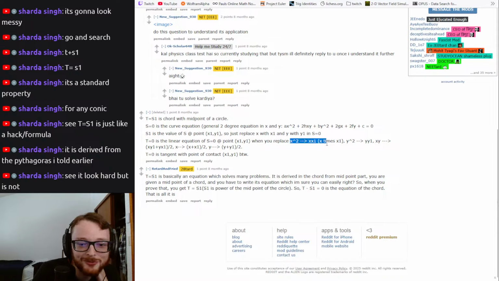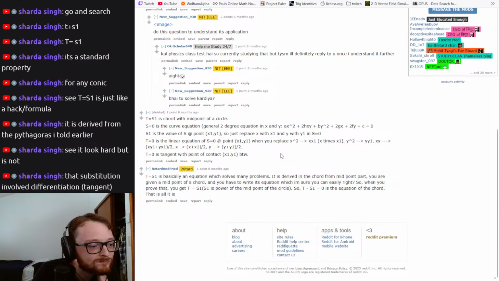What is this substitution? It involves differentiation to get the tangent.